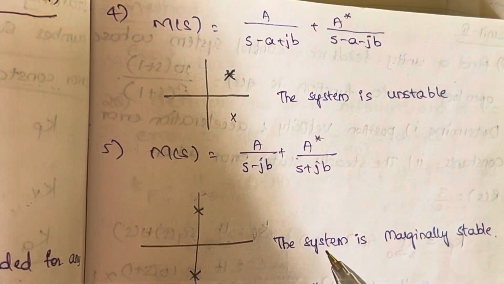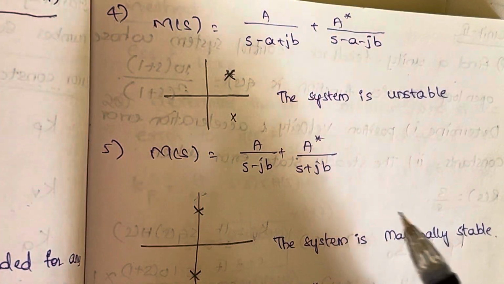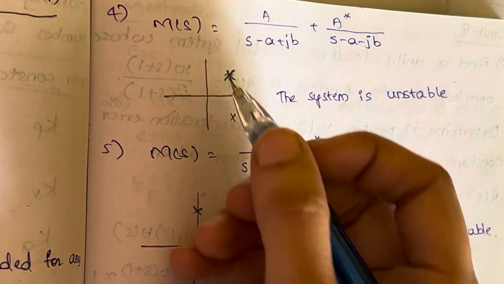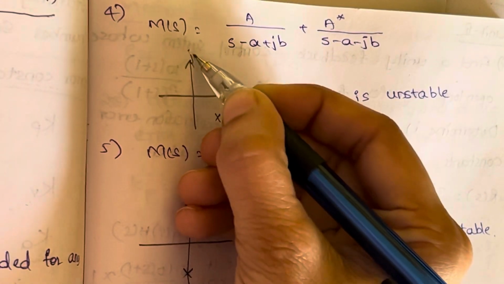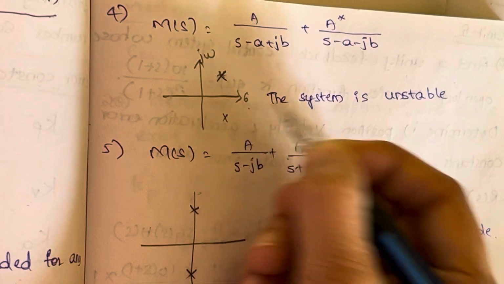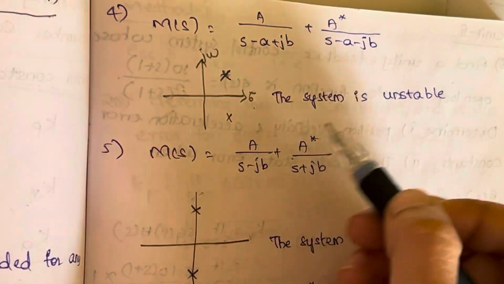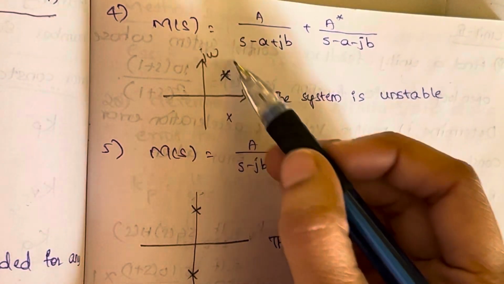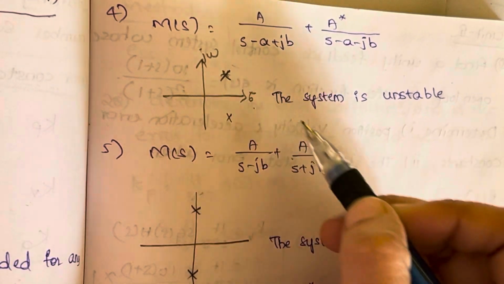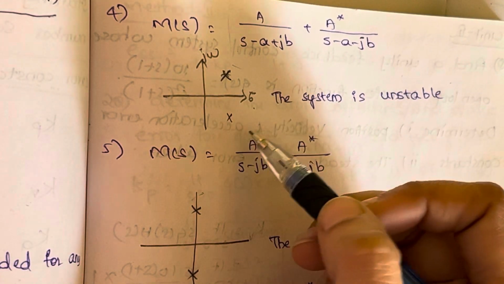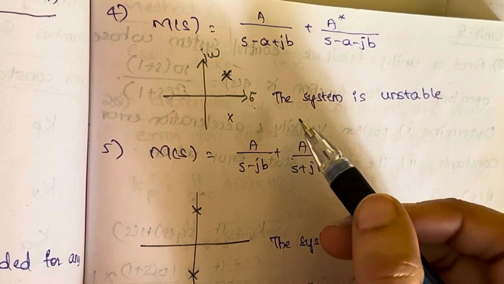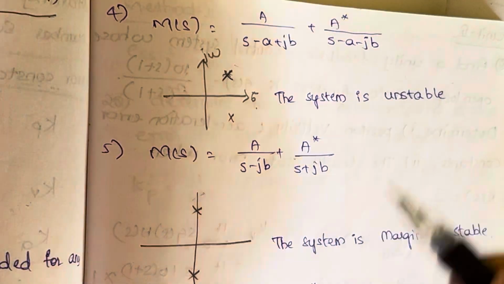This is the case when you have poles on the right side, with imaginary and real parts. Then the system can be represented like this, and with poles in the right side of the s plane, the system is said to be unstable.